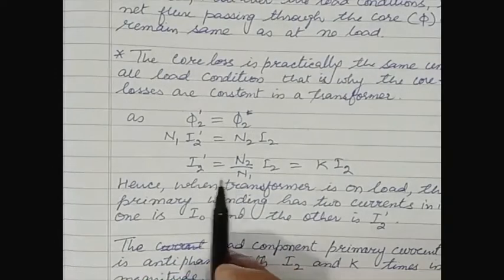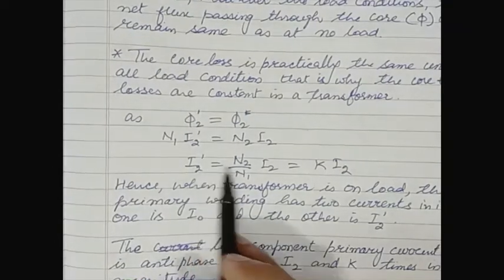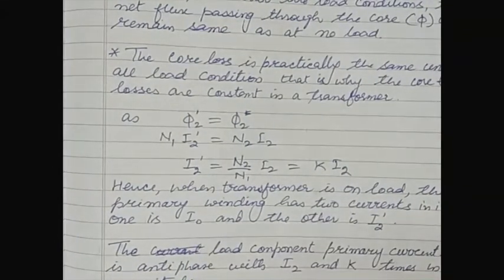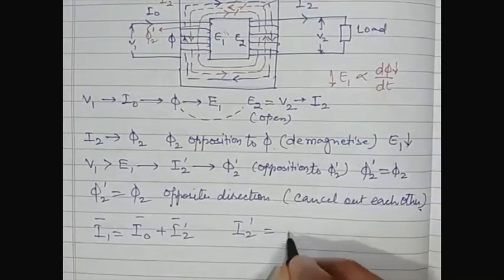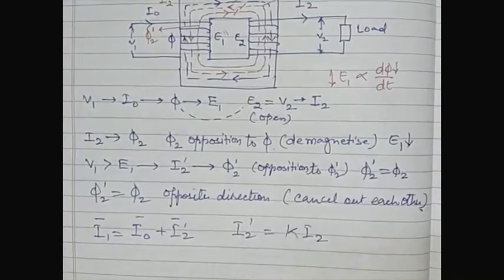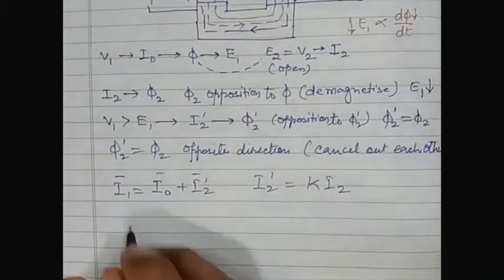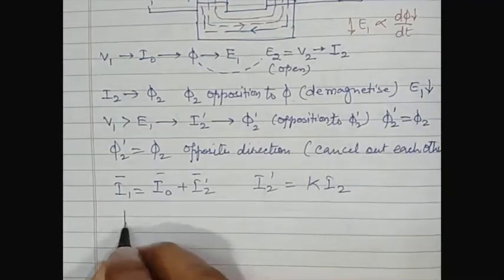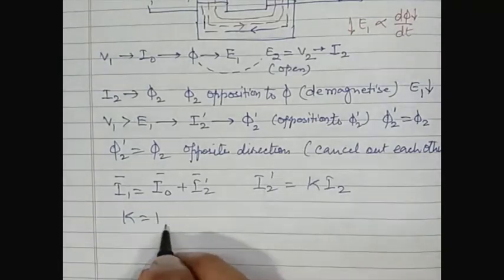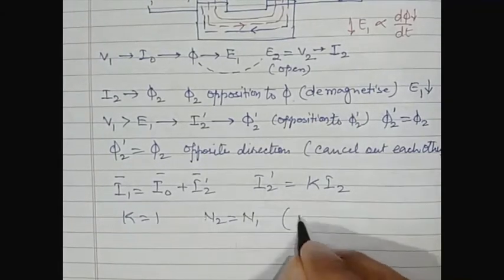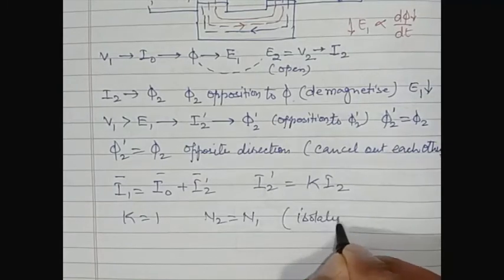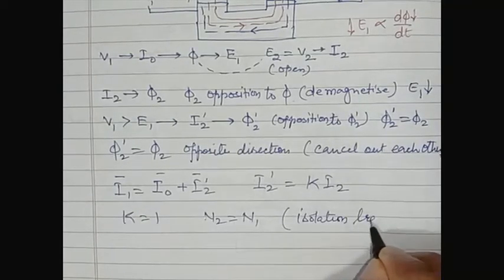In the previous lecture we established the relation I2 dash equals K times I2. Here we are taking K as 1, which means K is unity, N2 equals N1, an isolation transformer.